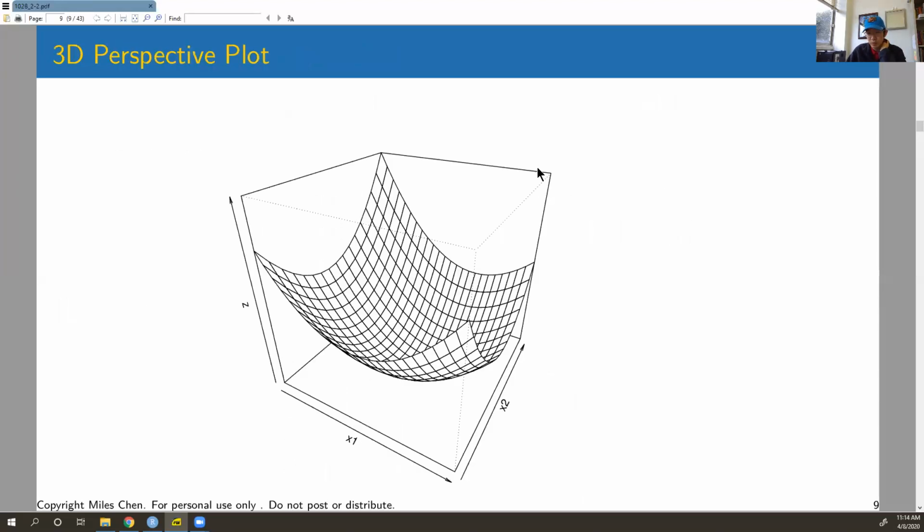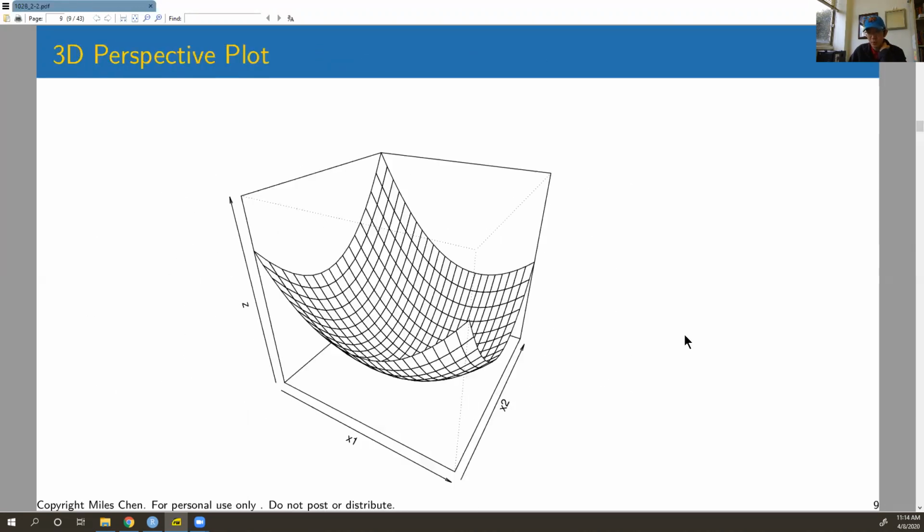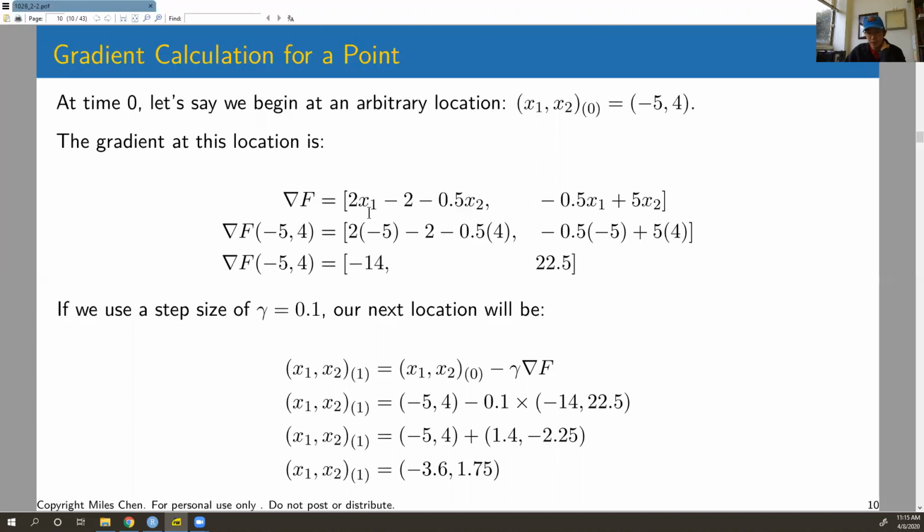The way I got this was, back here, we found the gradient, which is the vector of its two partial derivatives: 2x1 minus 2 minus 0.5x2 is the first component, and minus 0.5x1 plus 5x2 is the second component. I plug in -5 for x1 and 4 for x2. 2 times -5 minus 2 minus 0.5 times 4 gives me -14.